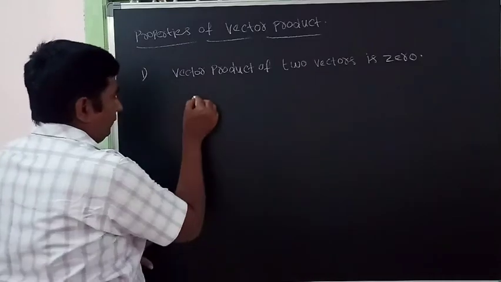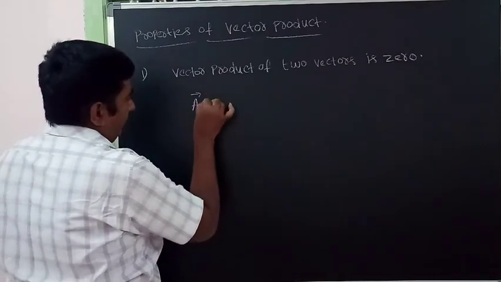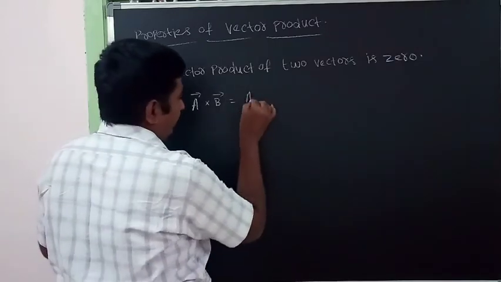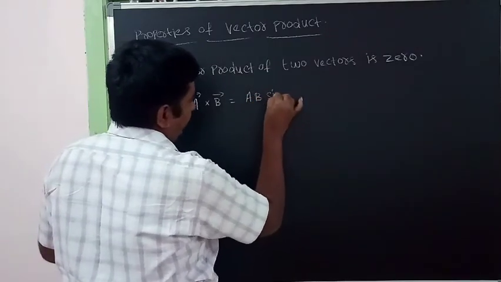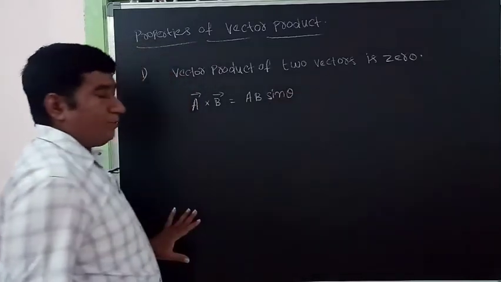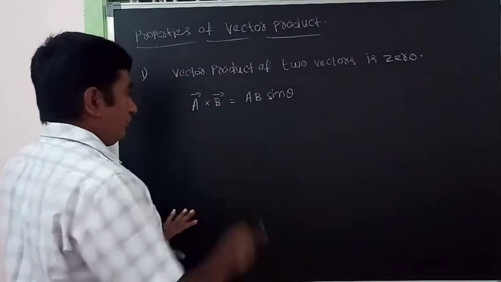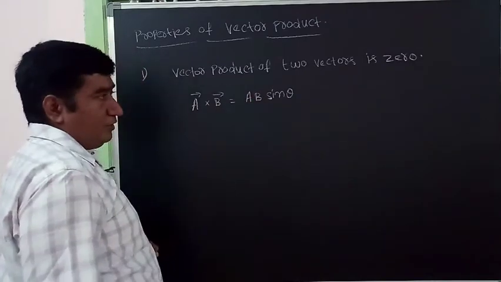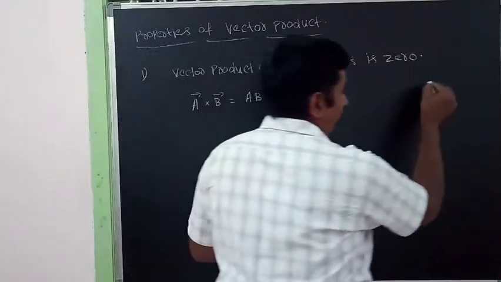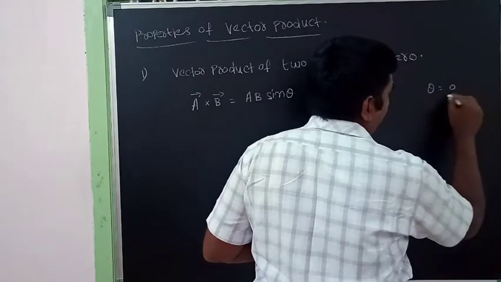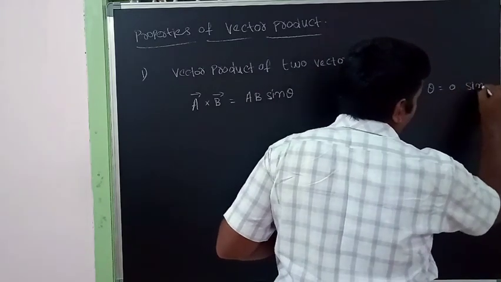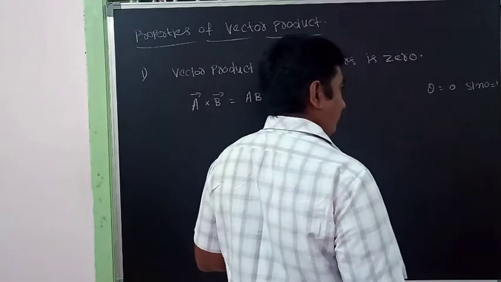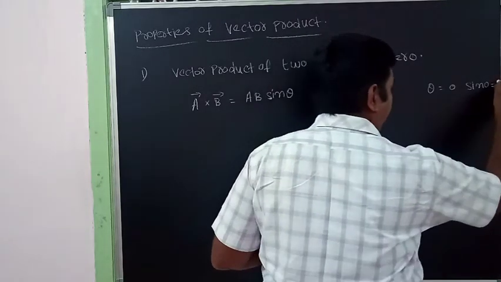So with the help of the definition, A vector cross B vector is equal to AB sin theta into n cap. N cap represents its direction. So A vector cross B vector is equal to AB sin theta. Here if theta is 0, what is the value of sin 0? Sin 0 is equal to 1.